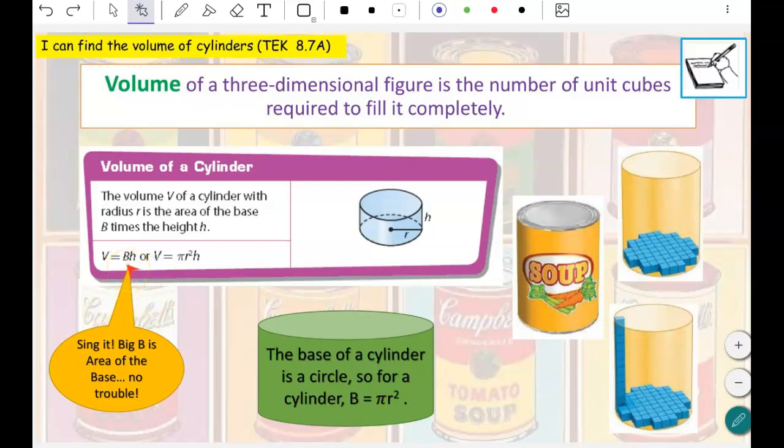And the area of a circle is pi r squared. So again, the B means the area of the base, and then H is the height. So to find the volume of a cylinder, you will take the area of the base and multiply it by the height of the cylinder. And since the base is a circle, you use pi r squared times the height.